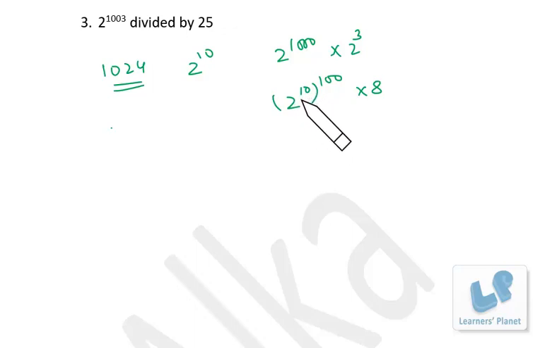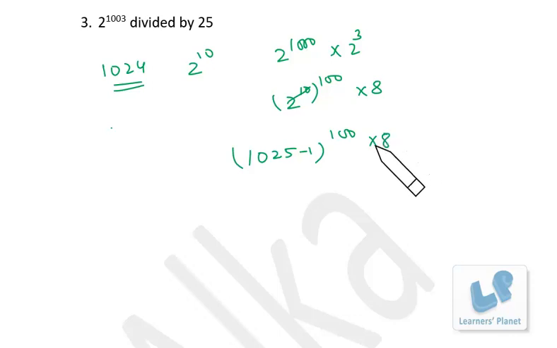Now 2 raised to 10, that is 1024, right? So 1024 can be written as 1025 minus 1. So if I divide by 25, the remainder will be minus 1 raised to 100. I just explain it over here so you don't get confused. 1025 minus 1 raised to 100.